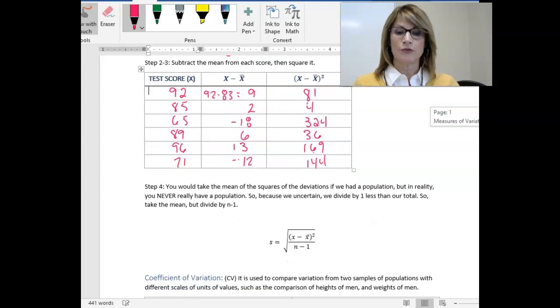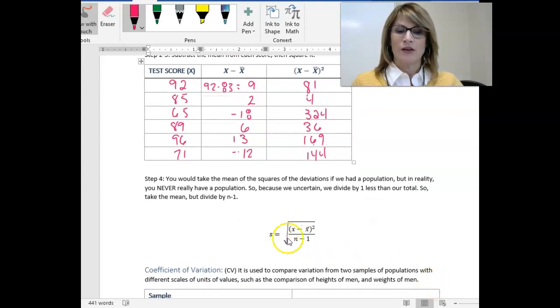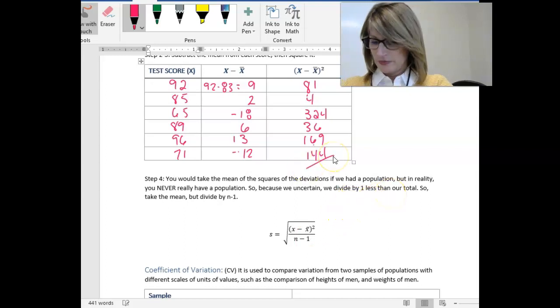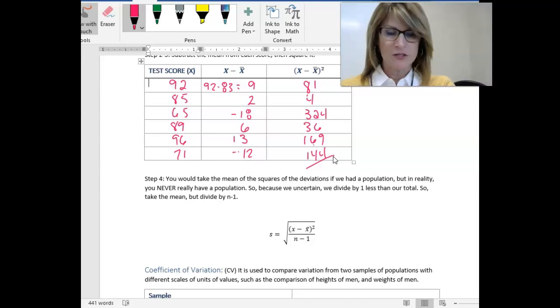Okay, here's the formula for standard deviation. We're going to take the square root of the sum of all of those numbers and we're going to divide it by n minus 1. So if we add all of these together, it adds up to 758.